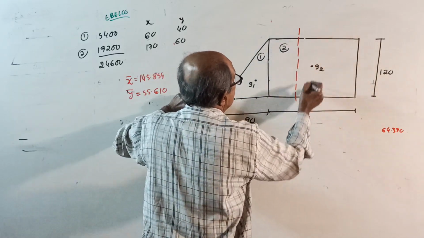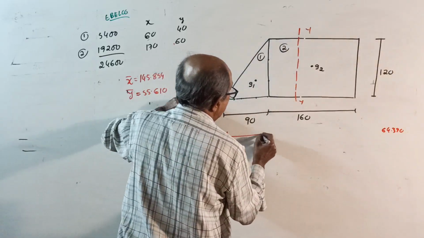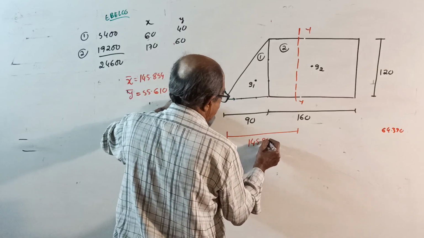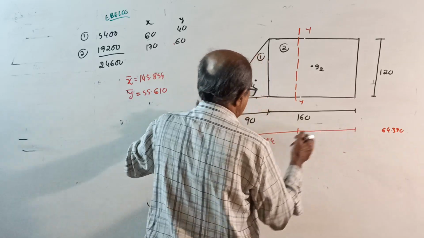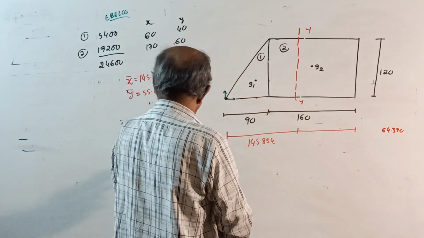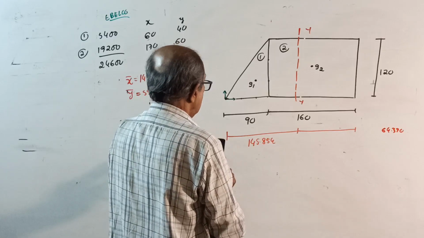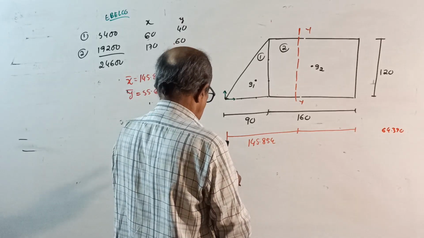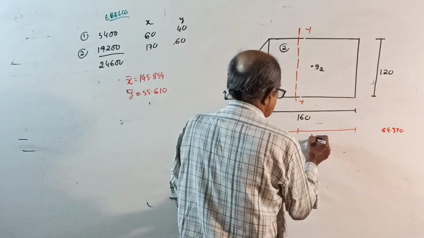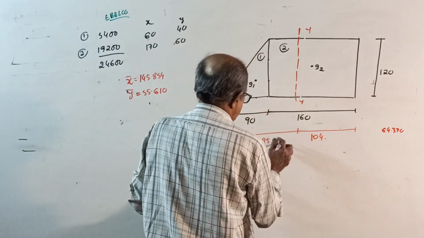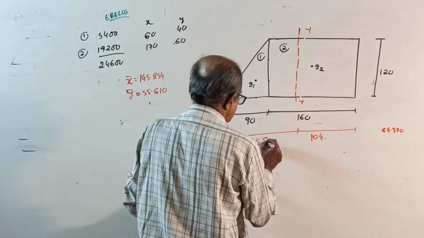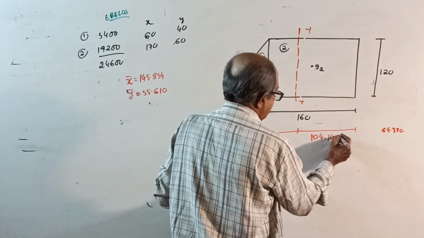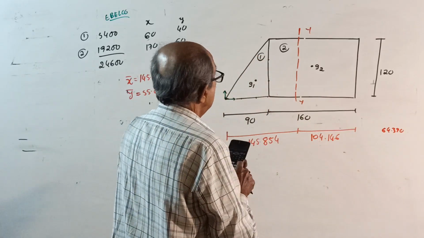On the y axis, from that side, 145.854 minus 250 is 104.854, or 104.146. Or I check from that side, anyway, the safer side.